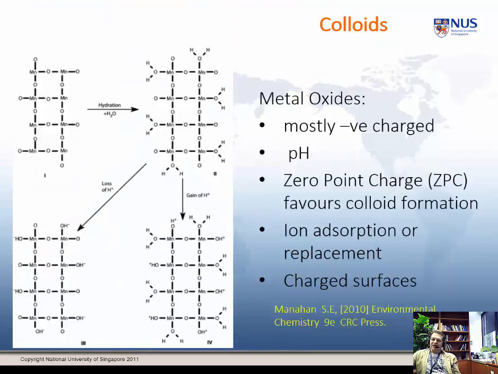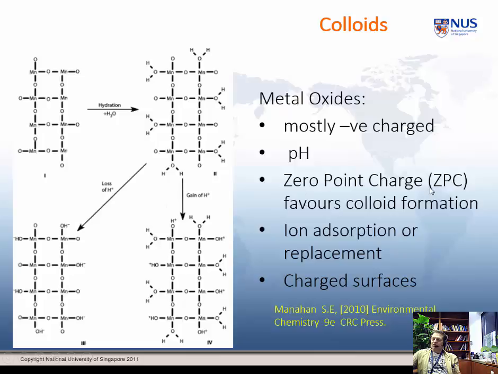Okay, other types of colloids or particles. Metal oxides: if this is a metal oxide surface, it can be hydrated, and then it can either gain hydrogens or lose hydrogens. Whatever, it means that the surface of metal oxide particles in water are usually charged.